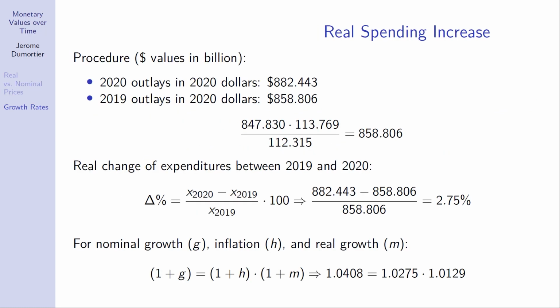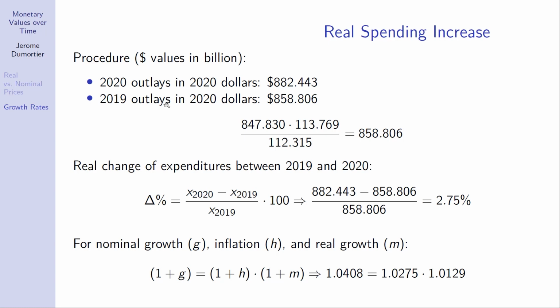How this is conducted is as follows. The 2020 outlays in 2020 dollars is very simple, because it does not involve any calculations, in the sense that we are still at a little bit over $882 billion. Now what we have to do is calculate the 2019 outlays in 2020 dollars, accounting for inflation.